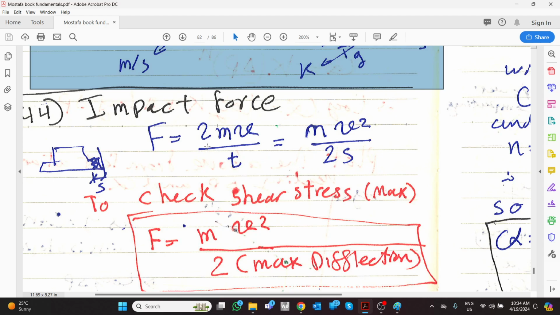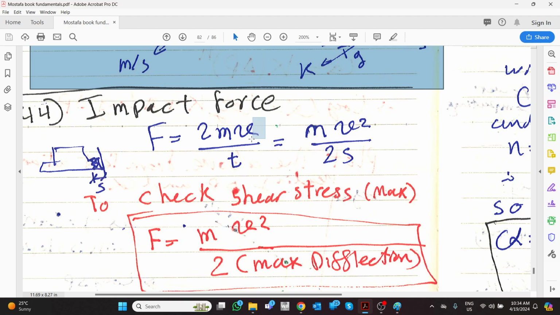So any impact is changing the kinetic energy to zero. It is the mass, for example, a car or a person who hits a wall, so it will crash for a certain distance.